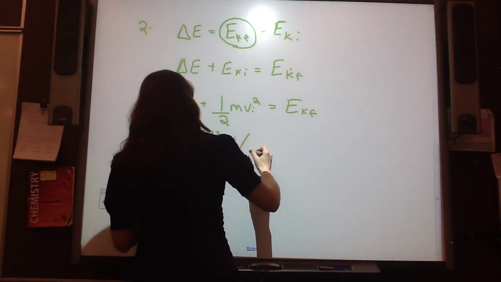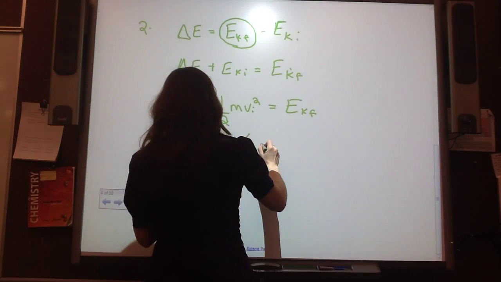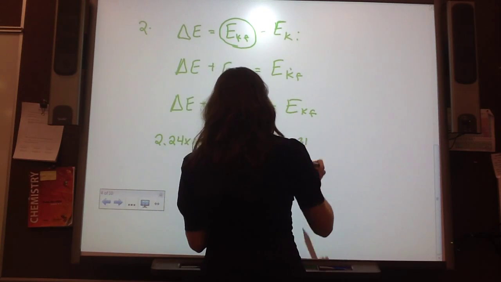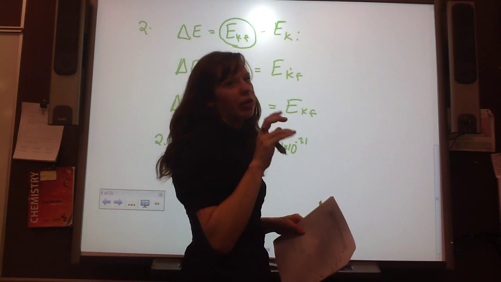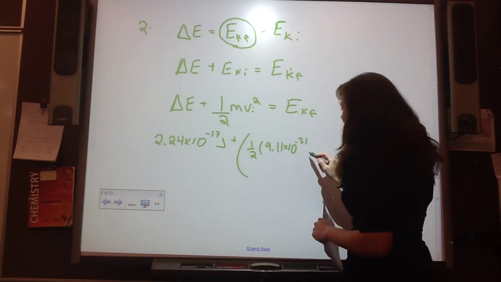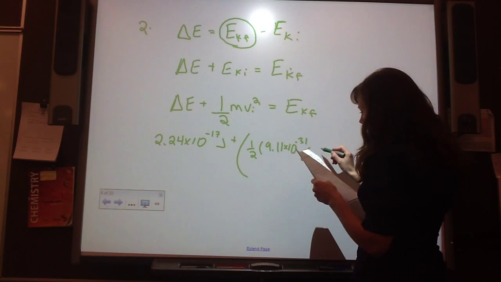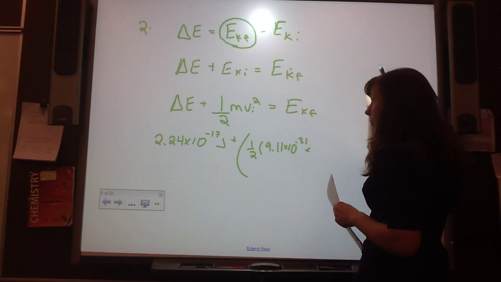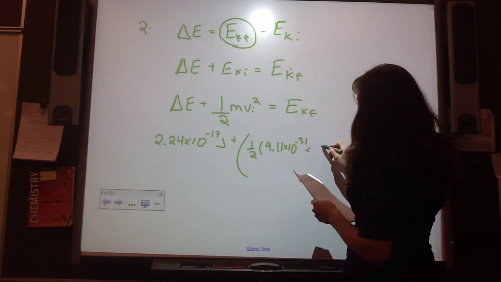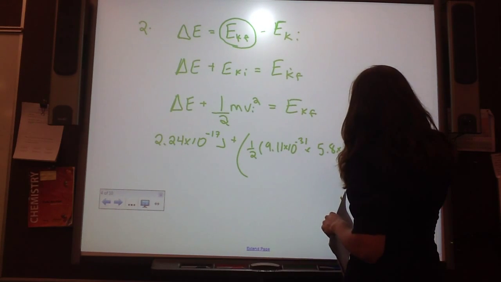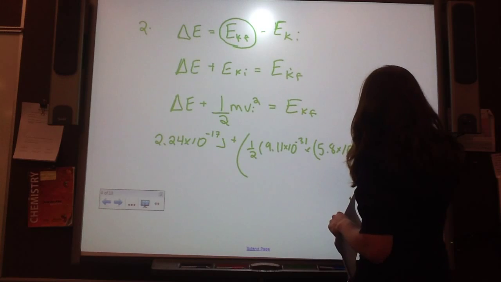And I'm going to add half times 9.11 times 10 to the negative 31. This is going to be a lot of fun calculator punching, lots of scientific notation. Times my initial velocity that I was given, 5.8 times 10 to the 5 meters per second. Now make sure that that value is squared.